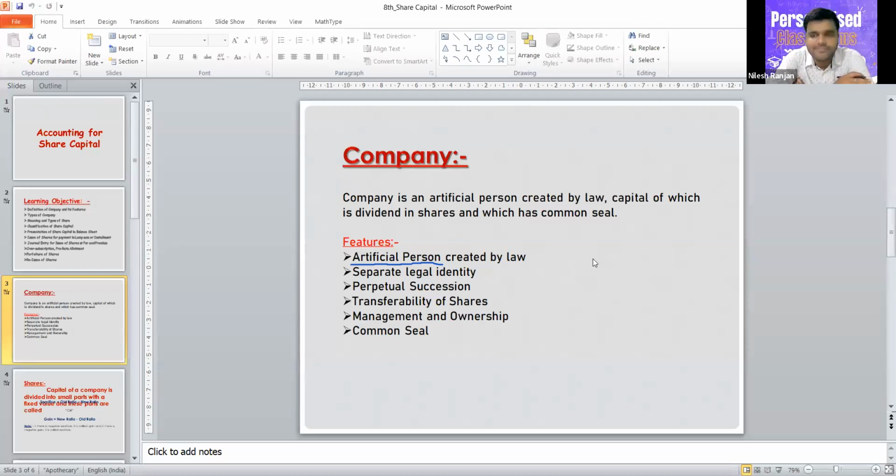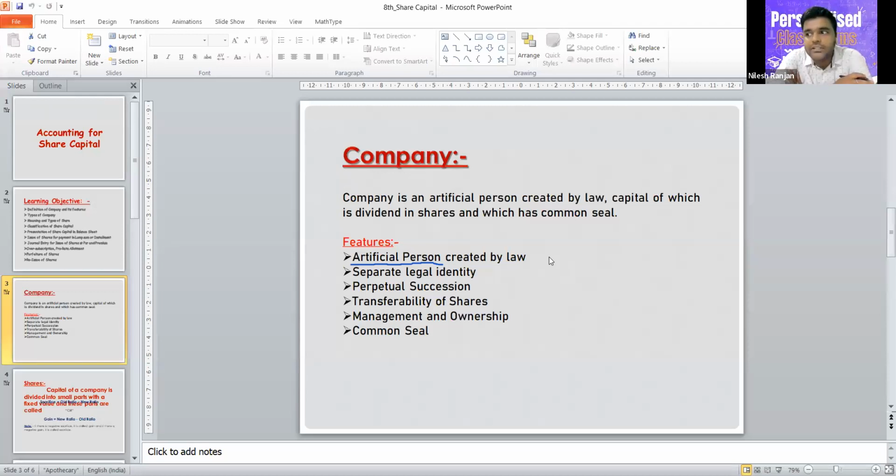In the same manner, in the view of law, company is treated as a person. It has a separate legal identity, means it can lodge a case or sue other persons, and it can be sued by other persons. So case is filed against the company, or company can file case against some other person.